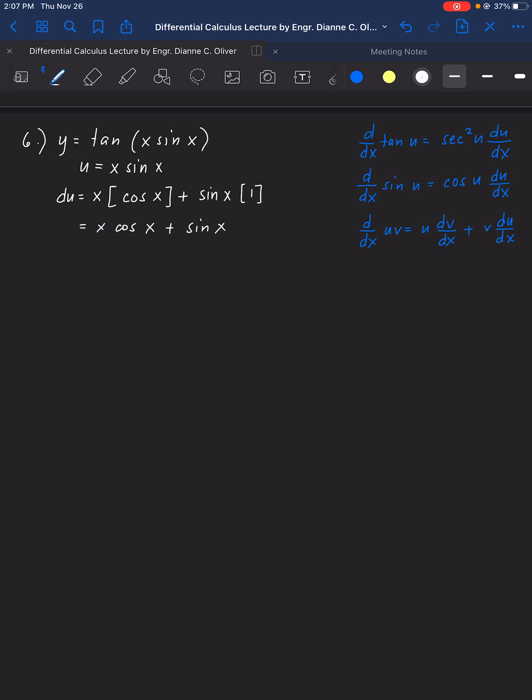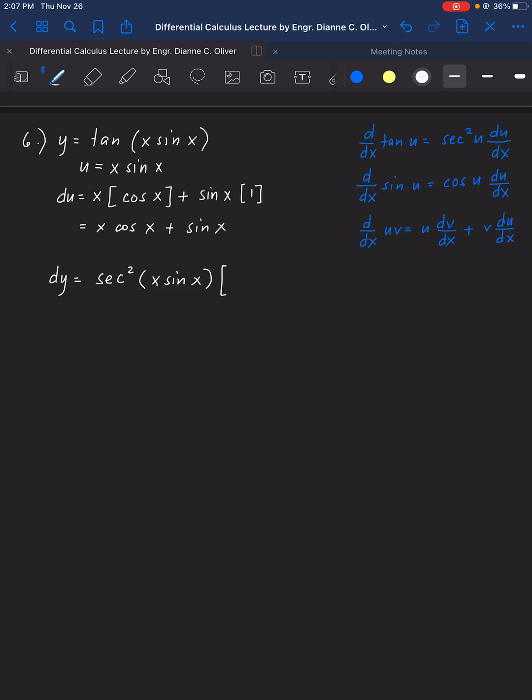Then, going back to the original equation at the top, we now derive tangent of x sine x. Using this pattern, the derivative of tangent u is equal to secant squared u, so let's write here secant squared of x sine x, and then the derivative of u.